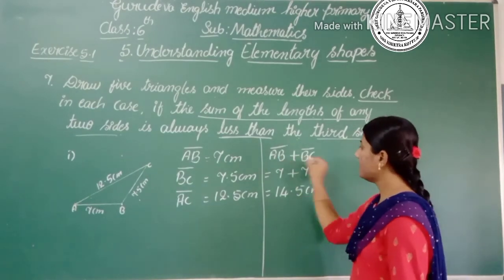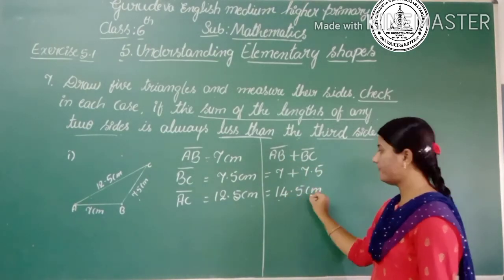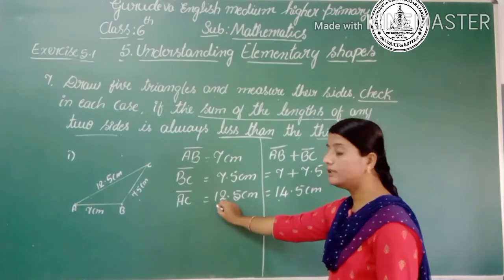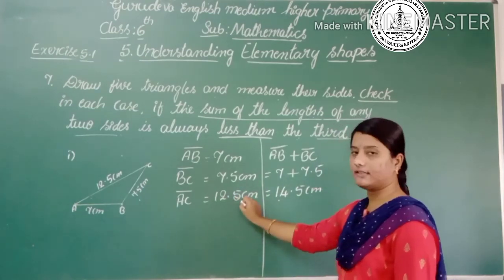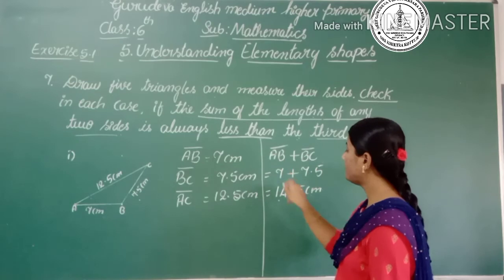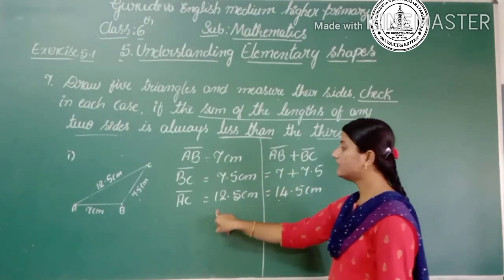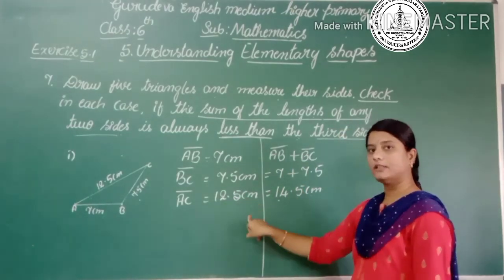The sum of two sides is 14.5 centimeters but the third side is 12.5 centimeters. So the sum of two sides is greater than the length of the third side.